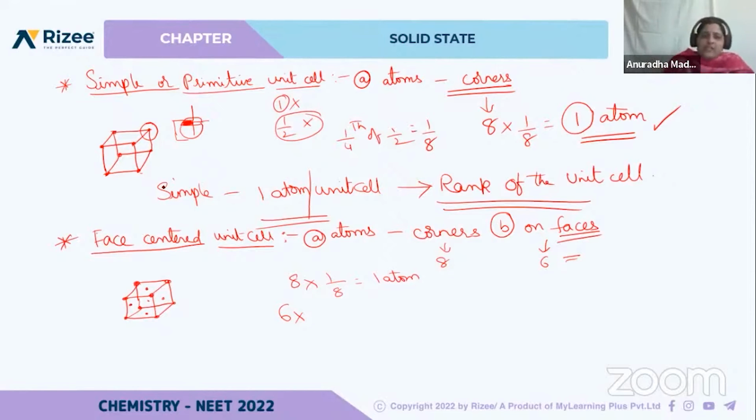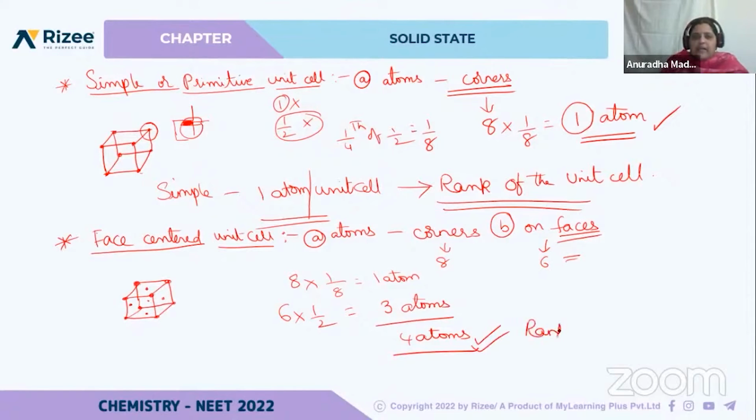So for one face half, for 6 faces, 6 into half, that is 3 atoms. So a total of 4 atoms will be present in a face centered unit cell. This is also the rank. This is about the face centered unit cell.